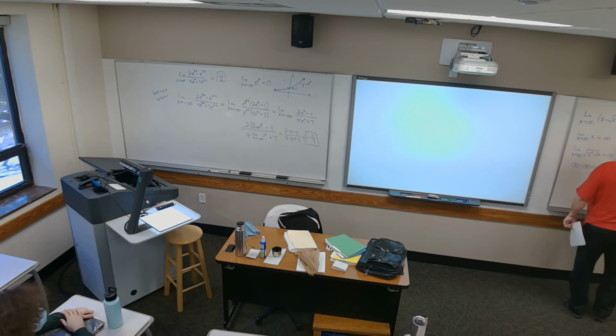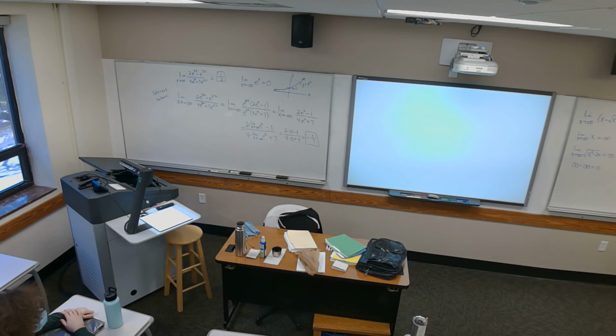So what we have to do is rationalize the numerator. The numerator is x minus the square root of x squared minus 2x, and the denominator is 1. Anything divided by 1 is itself, right?